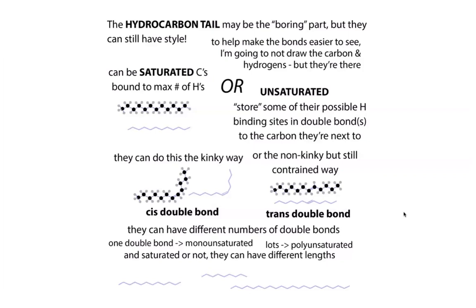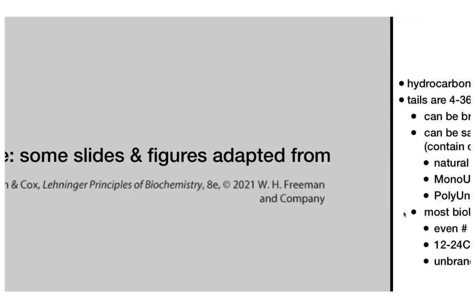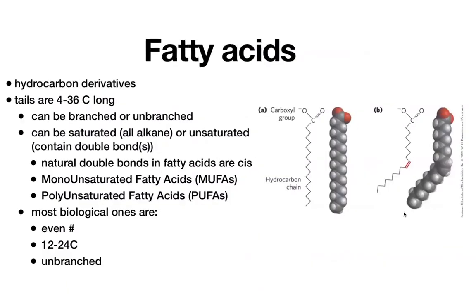Is this saturated or unsaturated? We can also talk about the degree of saturation. If you only have one of those double bonds, we call it monounsaturated, but if you have lots, we call it polyunsaturated. Both types can have different lengths. So we need a more formulaic way to describe these, so that we know what we're talking about when we discuss different fatty acids with different lengths and different numbers of bonds.